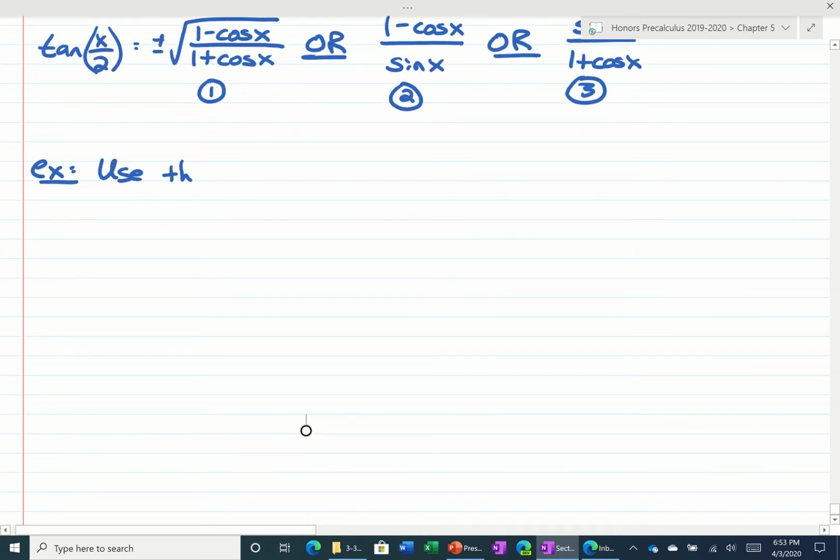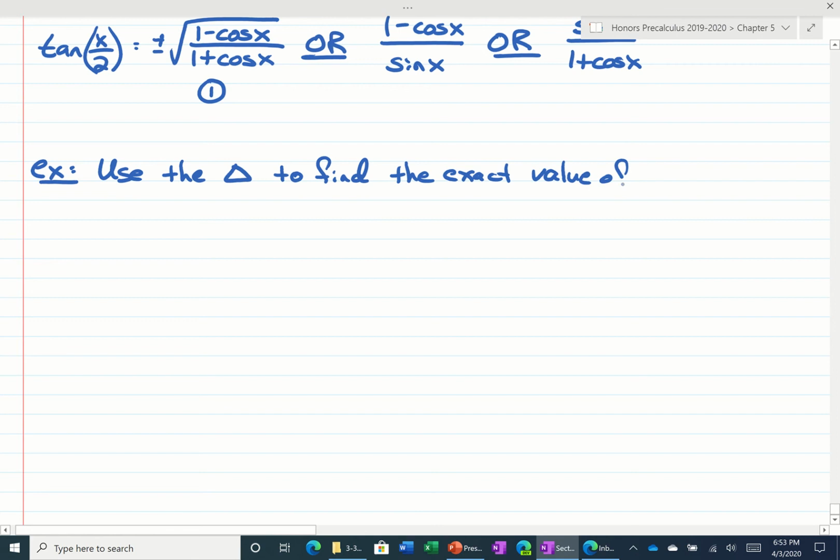So, all right, use the triangle, I'll draw this in a second, to find the exact value of the following trig functions.